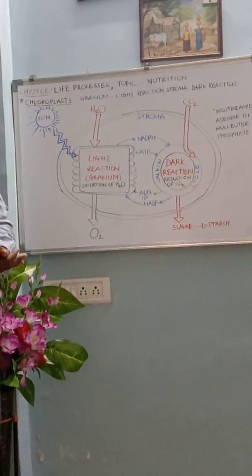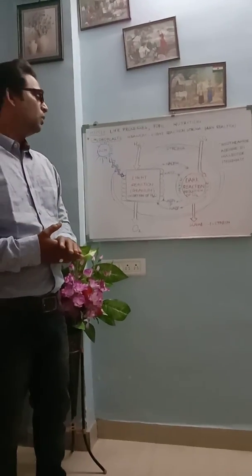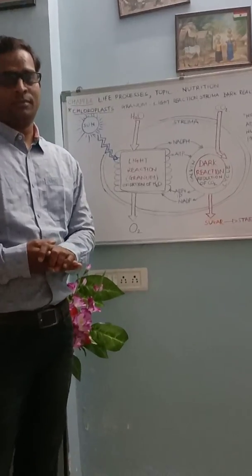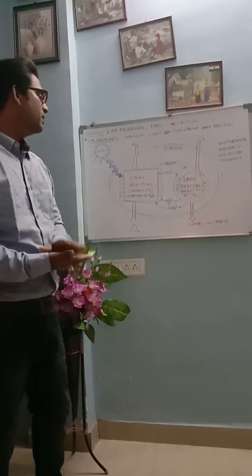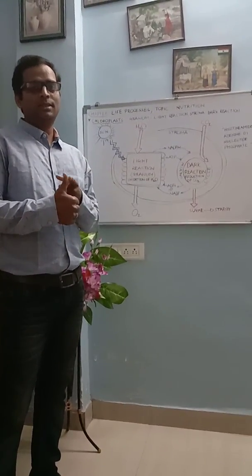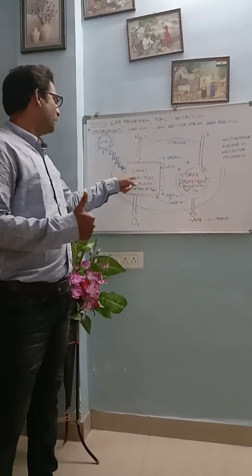If you remember, this is your short answer question: what are the three main steps involved in photosynthesis? We had already discussed these three steps, I repeat in this class again. First step is absorption of light or trapping of light by the grana.